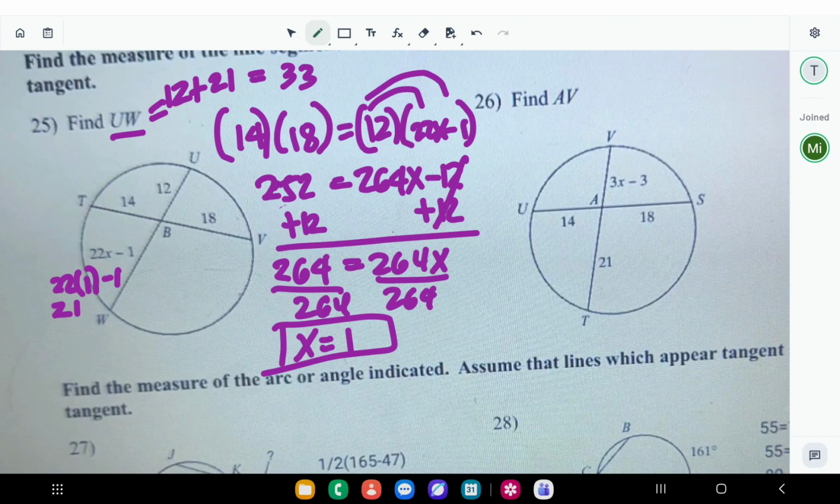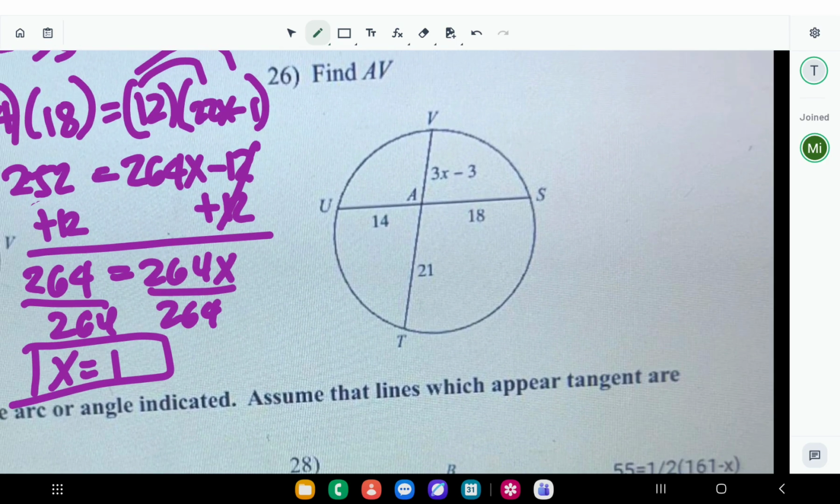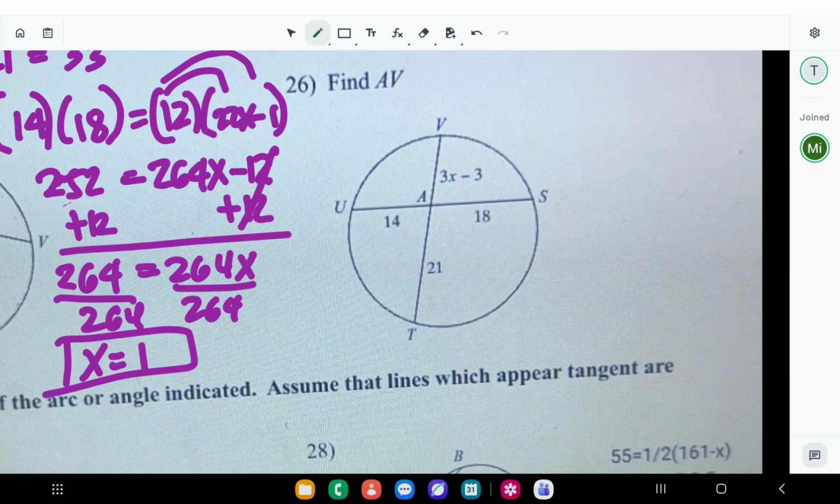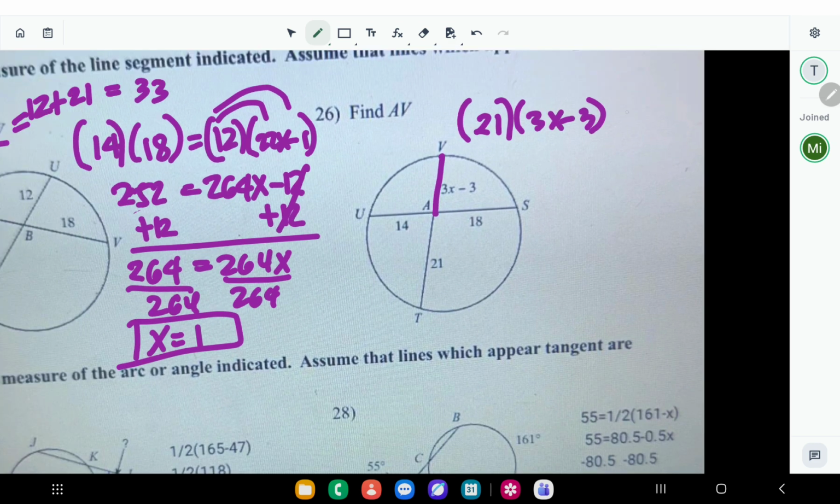Okay, then number 26. Find AV. Only this one, part of the chord, AV. Alright. So we have two chords there. We multiply 21 and 3x minus 3 equals 14 times 18. So that is 21 times 3.